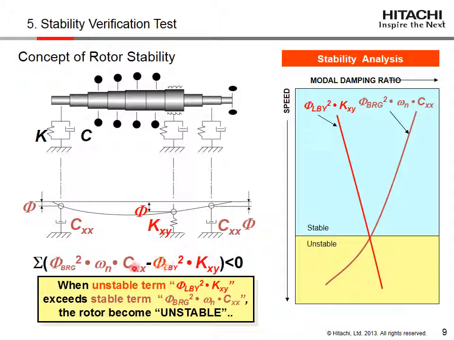But on the contrary, the cross-coupling effect and also the deflection increase while increasing the speed. This is the threshold between stable and unstable at speed. If this value is higher than the stabilizing force, the system is unstable.